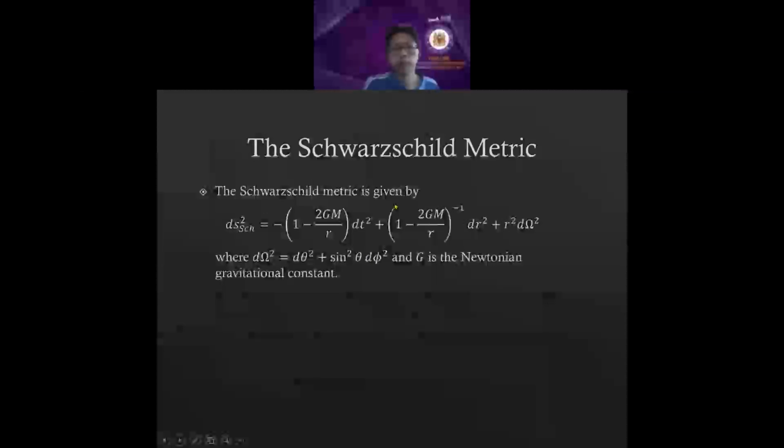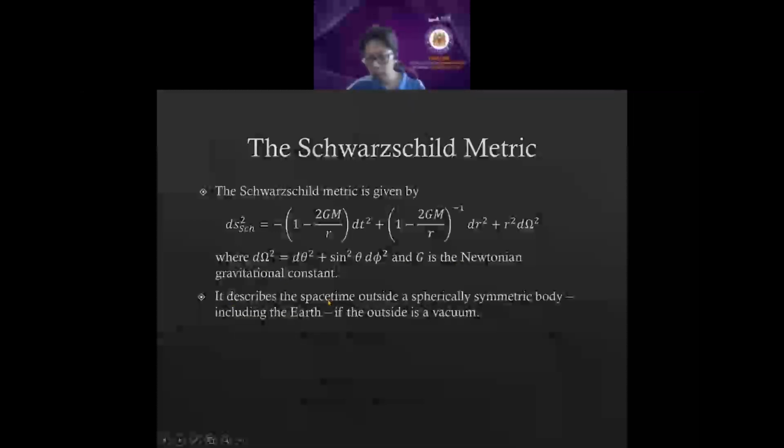So, I will introduce to you the metric that is describing the black hole, the simplest black hole. It's known as the Schwarzschild metric. This metric actually describes the space-time outside of any spherically symmetric body, including the Earth, provided that the outside is a vacuum.